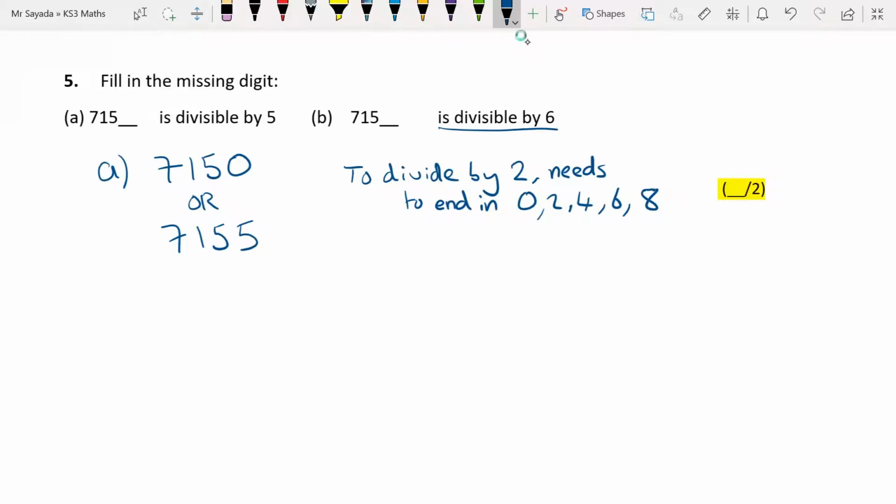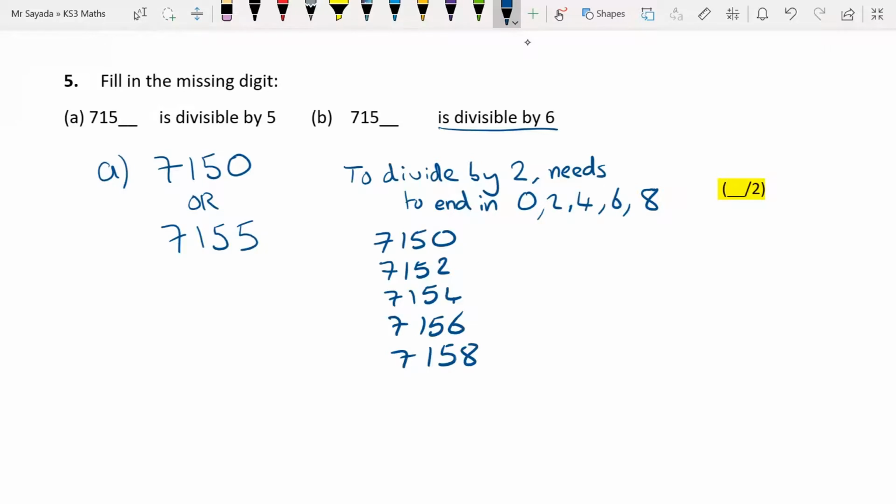Pause the video while you say your answer and press play once you're ready. To ensure it divides by 3, we need to make sure that when we add the digits together, they add up to a number that's divisible by 3. So what I can do is just test each of these possibilities. So I'm going to write down all the possibilities by making sure that it's an even number, and then I'm going to test each one in turn.